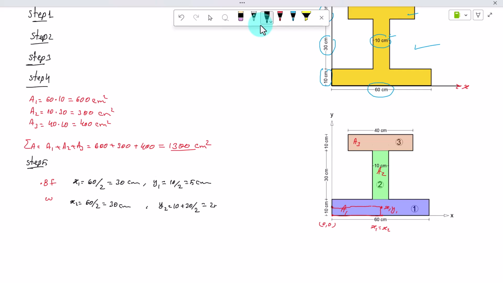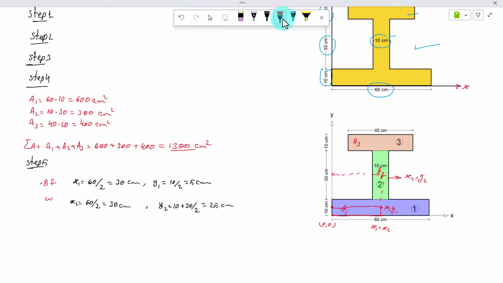It is 25 centimeters. This distance from the origin is the 10 centimeter bottom flange height, and also plus half of the web height. This point, x2 and y2, is the centroid of web.